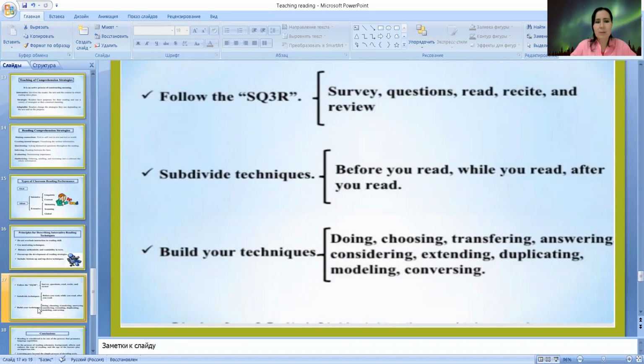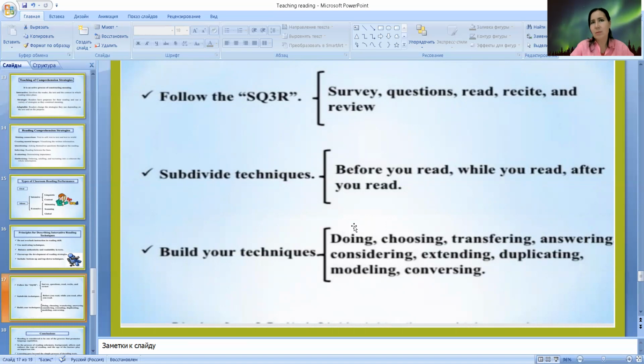We can subdivide the techniques. Use the survey questions interactively: before you read, while you read, after you read. Before reading a text, we should know the words and letters, and when we know more words, we can translate.